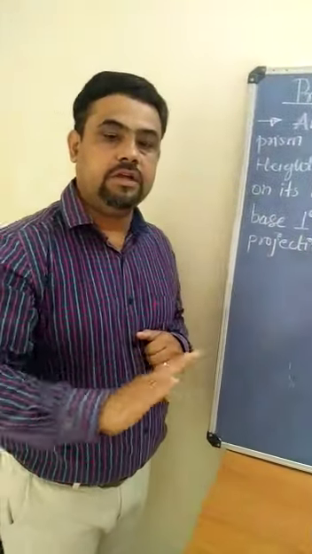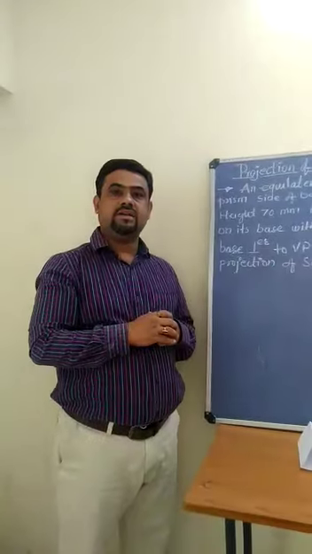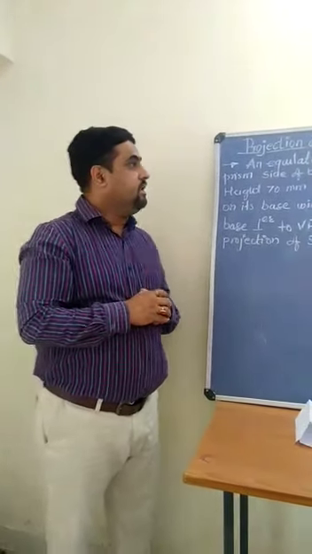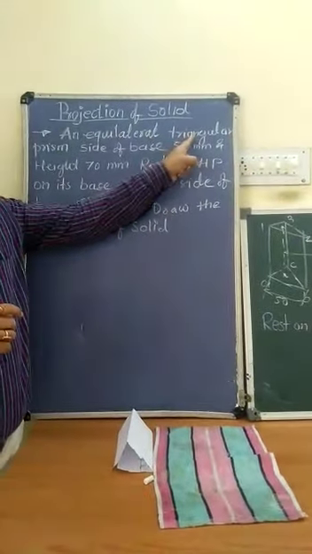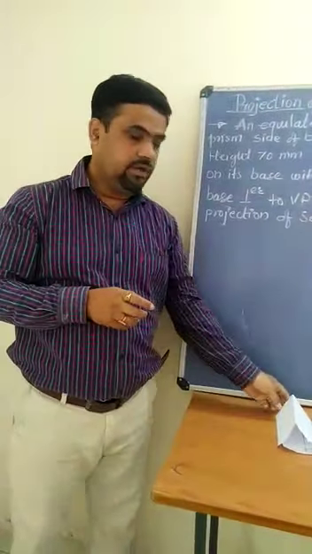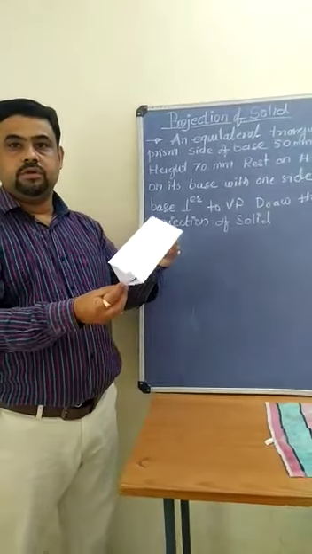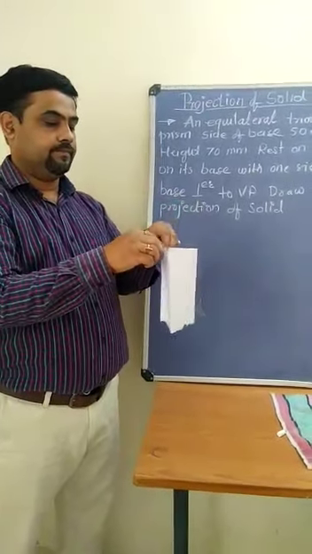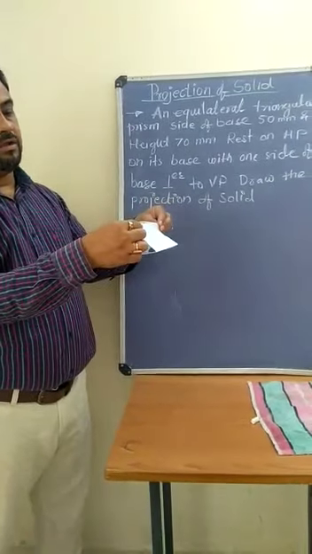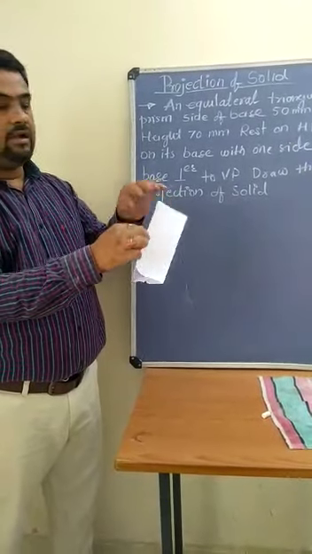After reading the problem statement, first of all you will have to understand and identify the solid. As per the problem, it is a triangular prism. Triangular prism means the base is an equilateral triangle and it's a prism.